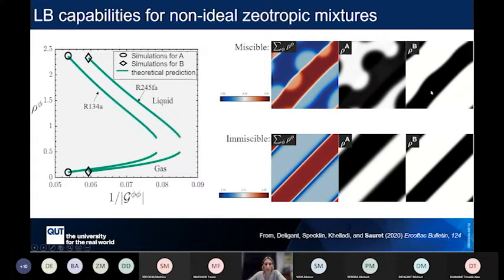So basically four different components run in the simulation: R134A as a liquid and a gas, and R245FA as a liquid and a gas. And again, that's only possible because we've got the pressure tensor that we have, and that allows us to obtain the diffusion process.